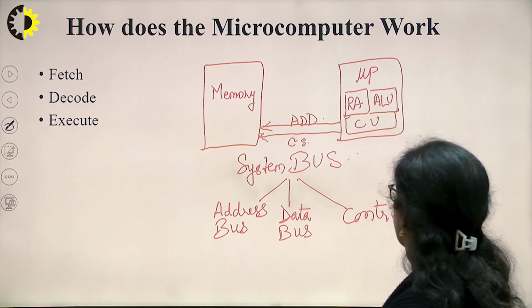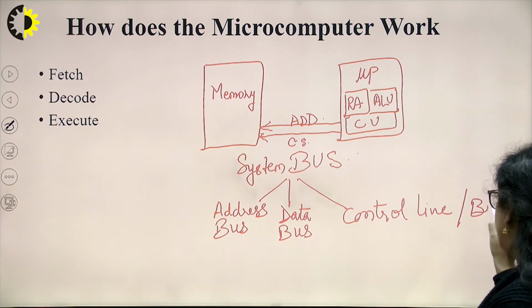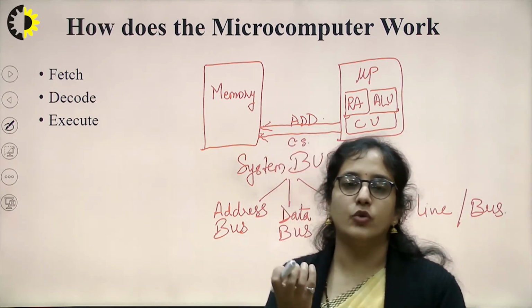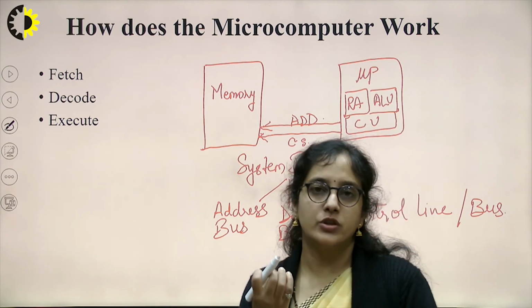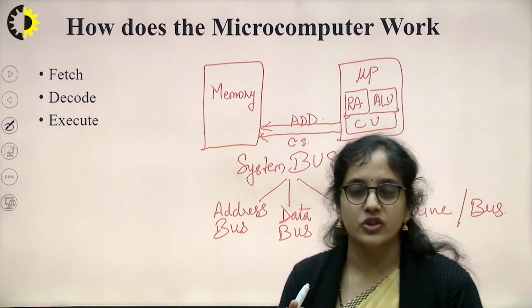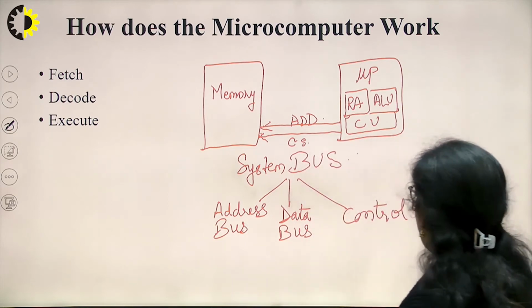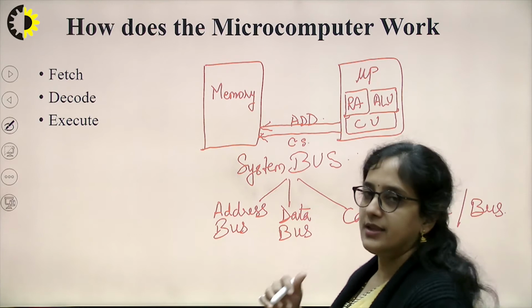Somewhere it is written as control lines, somewhere as a bus. When we are going with a bunch group, we use the term bus; when we are sending a single control signal, we use the term line. So control lines, or control bus, address bus and data bus.